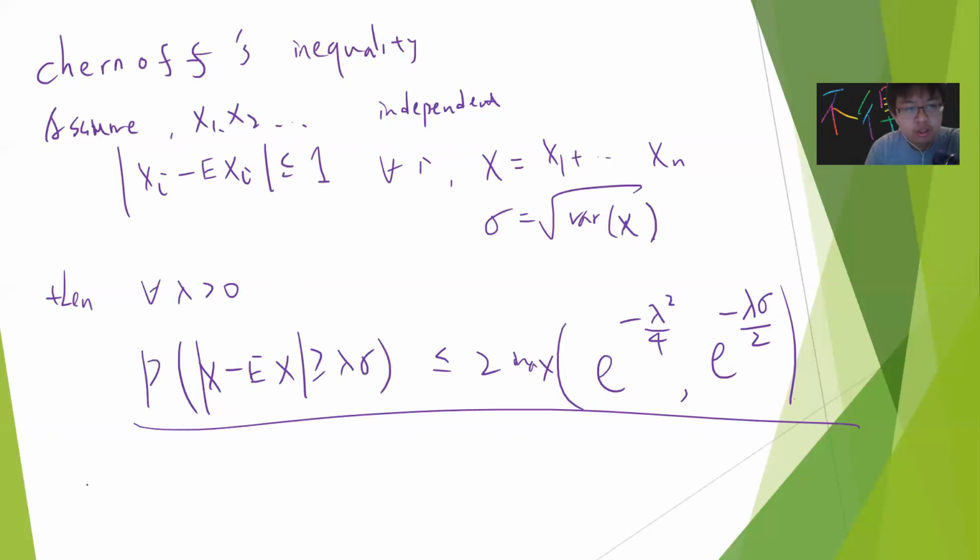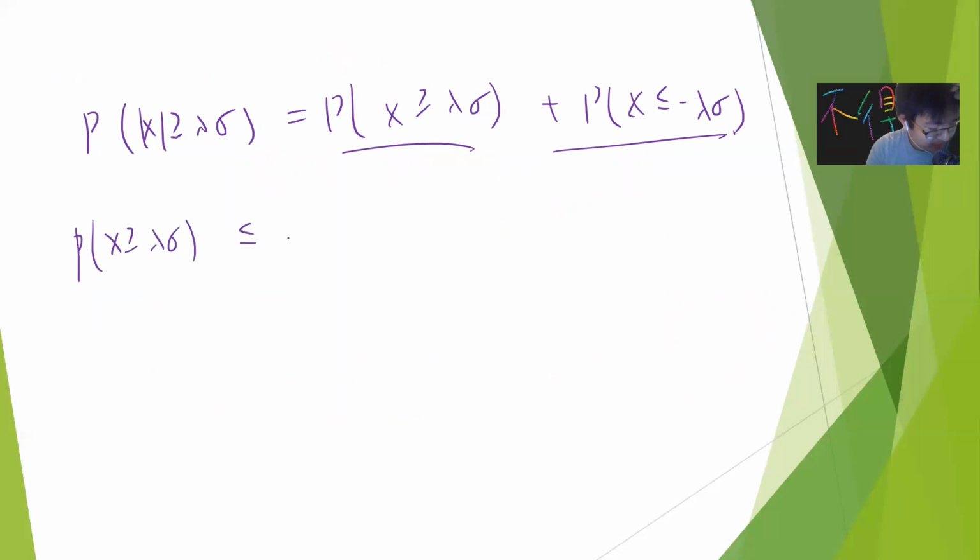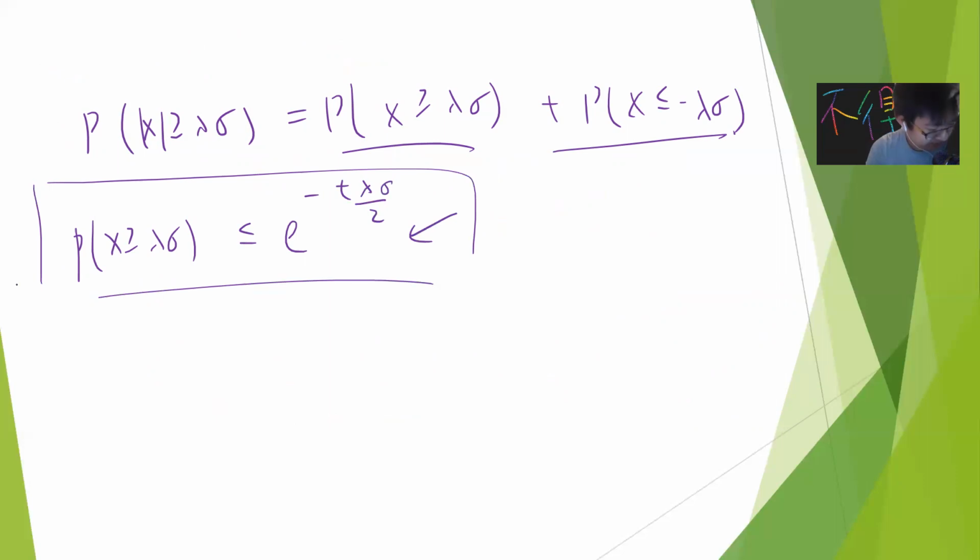In order to do this, we can just shift it, so I can just assume E of x_i is 0 for all i. Then the probability that the absolute value of X is greater than or equal to lambda sigma is the probability of X greater than or equal to lambda sigma plus the probability of X less than or equal to negative lambda sigma. Because of the symmetry, I just need to prove this one.